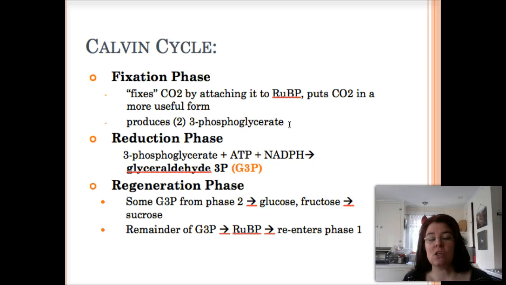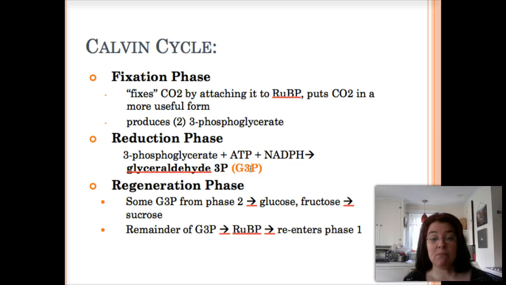And in this phase, we're going to use the 2 product molecules that were created during the light-dependent reactions. We're going to use the ATP that was produced by Photosystem 2 and the NADPH that was produced by Photosystem 1. So the 3-phosphoglycerate comes together with the ATP and the NADPH and creates a molecule called glyceraldehyde 3-phosphate, or what we shorthand as G3P.